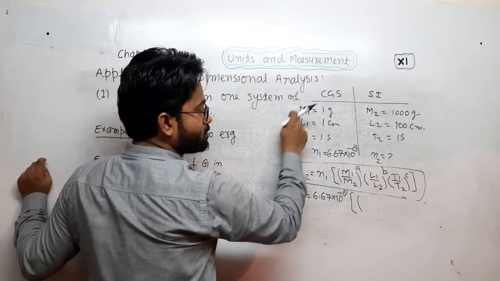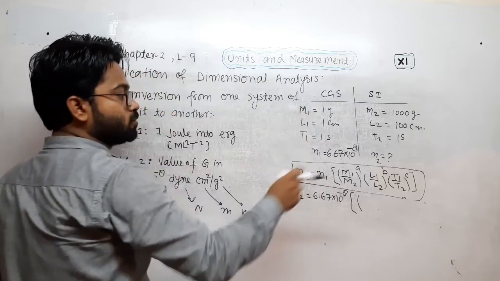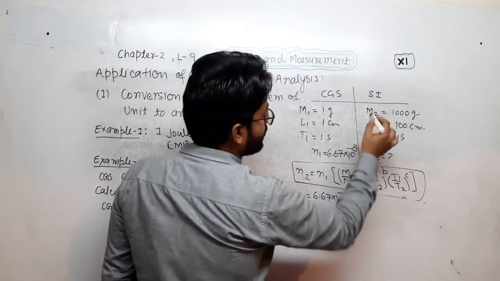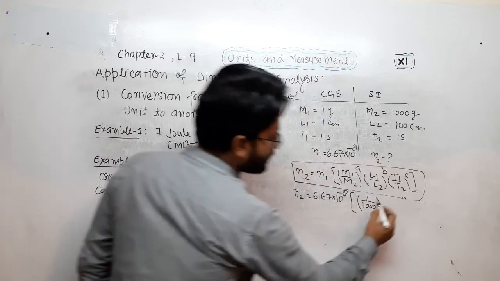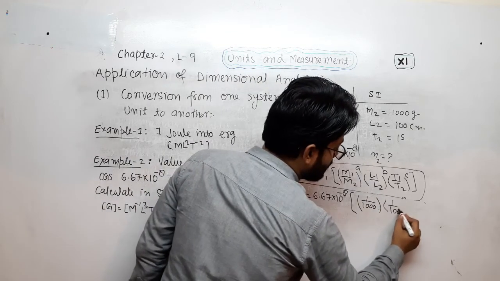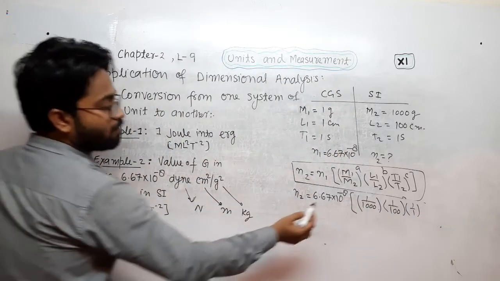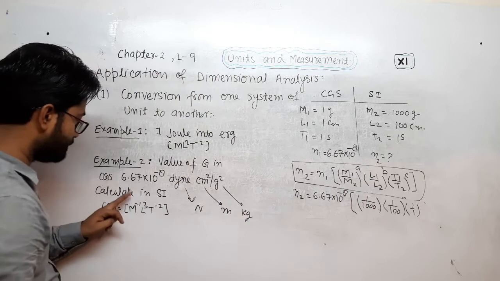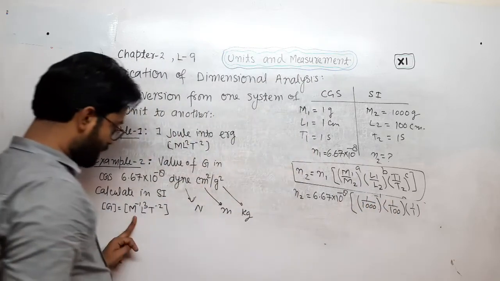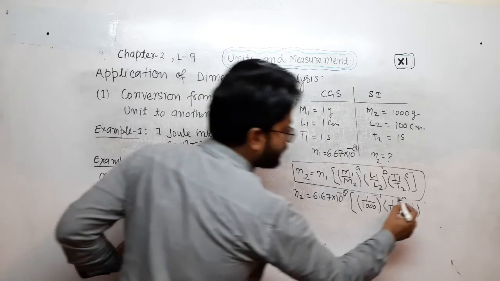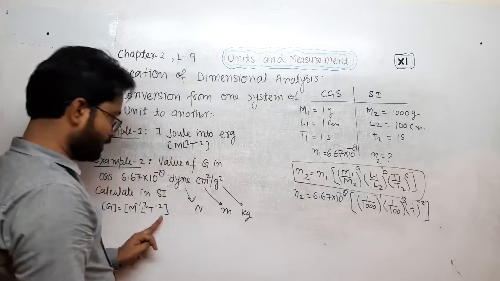CGS should be 1 1 1, and SI will be 2 2 2. M1 upon M2 is 1 upon 1000, this is 1 upon 100, and this is 1 upon 1. The power of M1 upon M2 is minus 1, and the power of L is 3, and T is minus 2.